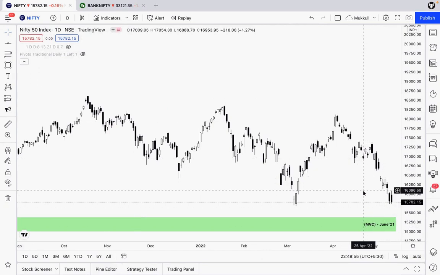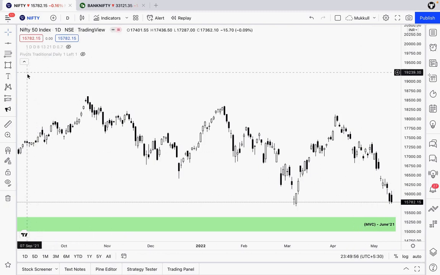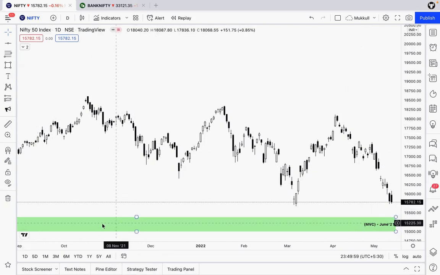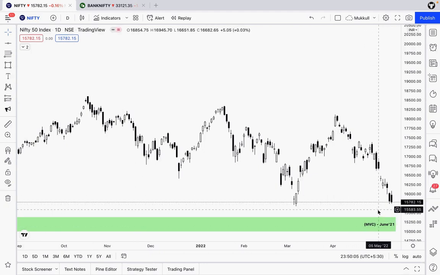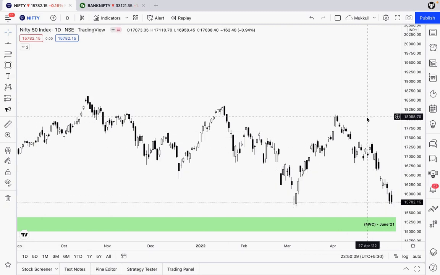I have marked this particular zone because it is nothing but the monthly virgin CPR of June 2021. That is, it is the zone of that particular CPR which was left virgin, of the month June 2021.